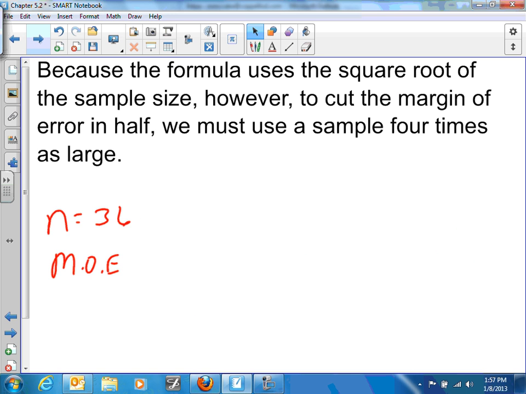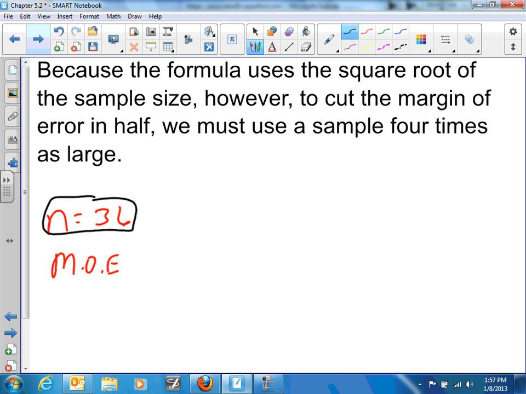Now, because the formula uses the square root of the sample size, to cut the margin of error in half, we must use a sample 4 times as large. So for instance, if my sample size is 36, 1 over the square root of 36 is 1 over 6. This is my margin of error. Normally I would put it as a decimal.